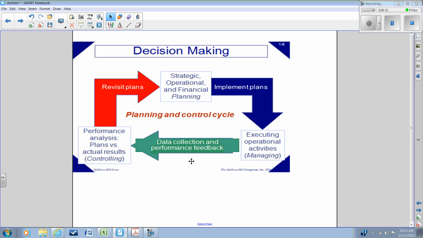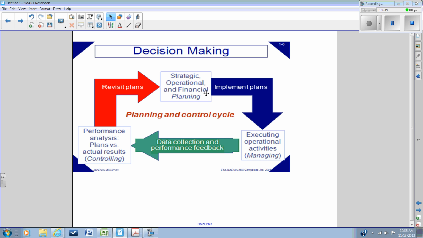Managerial accounting information is used to plan, manage, and control the operations of a business. A business begins with a strategic plan. If it's a new startup business or the new product line for an existing business, there will be a formal business plan established. The formal business plan will talk about strategic objectives, operational objectives, and have financial planning information, projected financial statements.